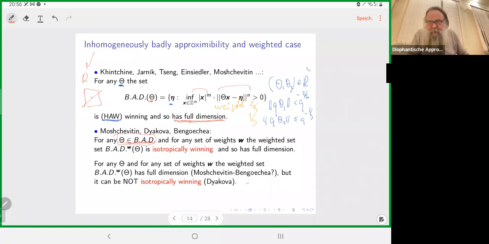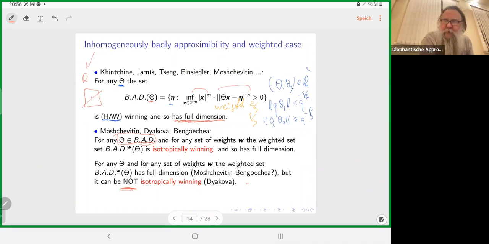In fact, absolute winning property is something like a one-dimensional property in general. We know only, roughly speaking, one-dimensional sets which satisfy the absolutely winning property. And this example of not isotropically winning properties shows that the set constructed here is not absolutely winning.